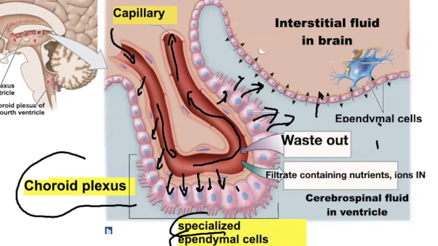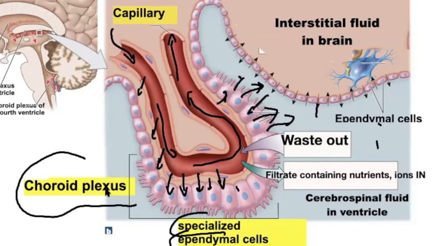Your brain is highly metabolic, so it creates a lot of waste, and it can put that back into the cerebral spinal fluid. There'll be bidirectional filtration: waste in, waste out, going into these capillary networks.